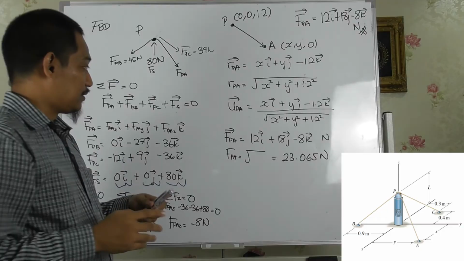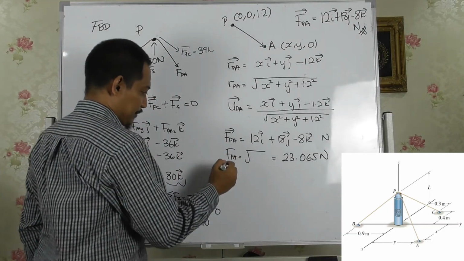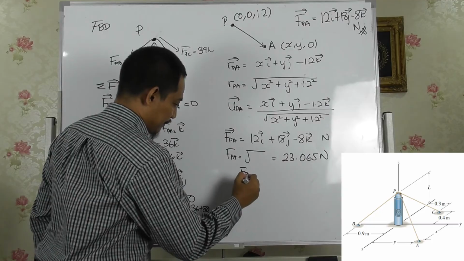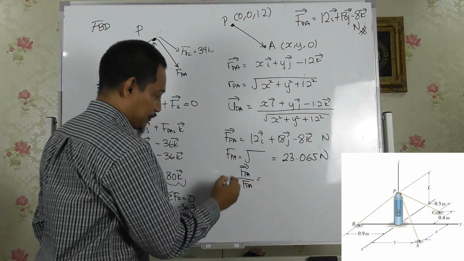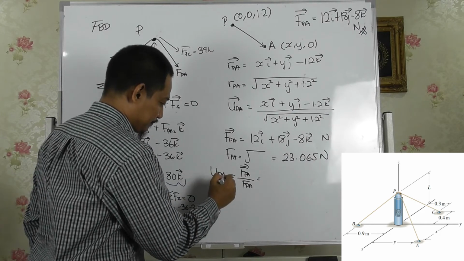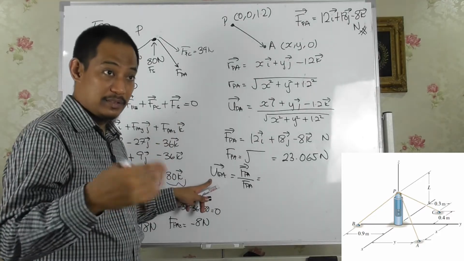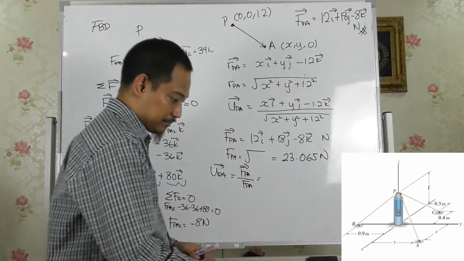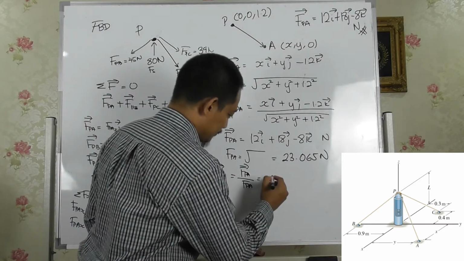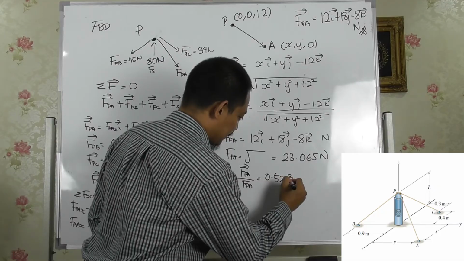Okay, now if you divide this, F_PA vector over F_PA magnitude, what you actually get is u_PA, right? Because the unit vector of PA is any vector along PA divided by its own magnitude. So if you do this, basically you get 0.5203i.